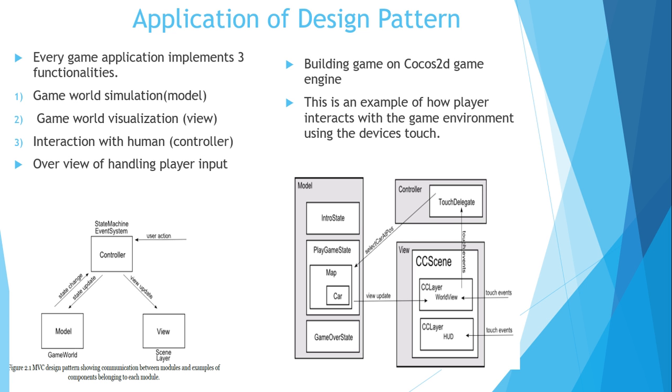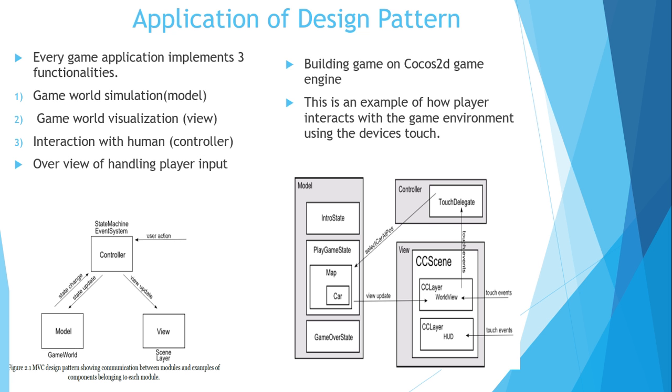Delegation can be used by the CCLayer to formulate the user input. Further, the user defines a controller type class, and from the controller layer it goes to the touch delegates. Touch delegates identify the touches and send their coordinates to the current state. The current game state handles the touch according to the current context.